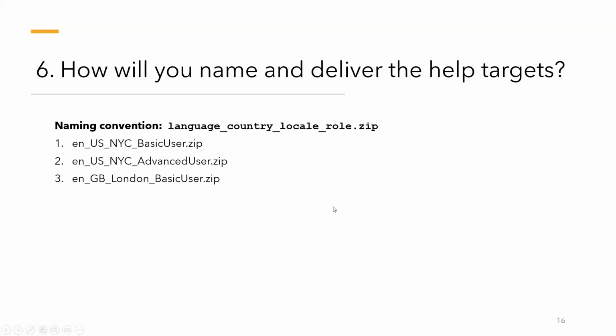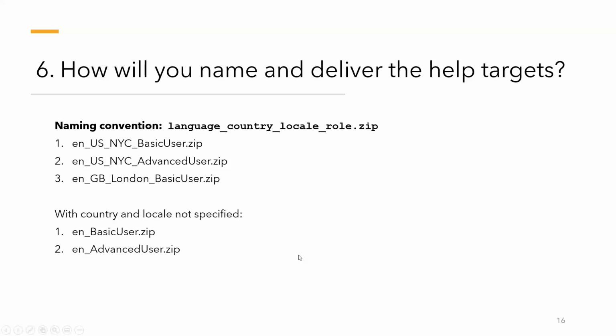So here's some examples of the zipped help file names that conform to this naming convention. This first one, EN, language, US, the country, NYC is the locale, and here's our role, basic user, advanced user, and there's another basic user. So the other thing for our products, the language and role are required in the help file name, but the country and locale are optional.